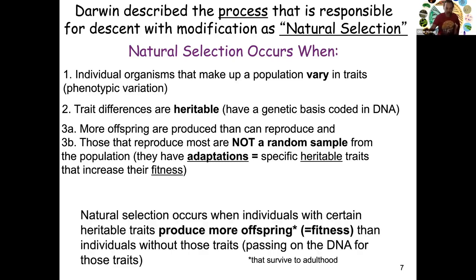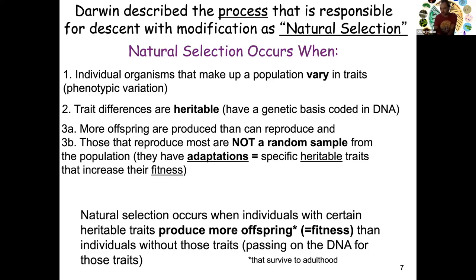And so for natural selection to occur, individuals with certain heritable traits, or these adaptations, actually produce more offspring. And when we say produce more offspring, that's what we're talking about when I use the word fitness. So when I'm talking about fitness anywhere within the context of natural selection, I'm not talking about your cardiovascular fitness, how ripped you are, how muscular you are.